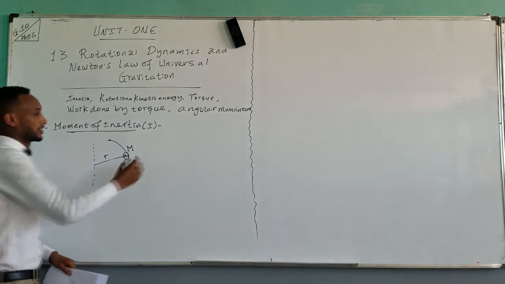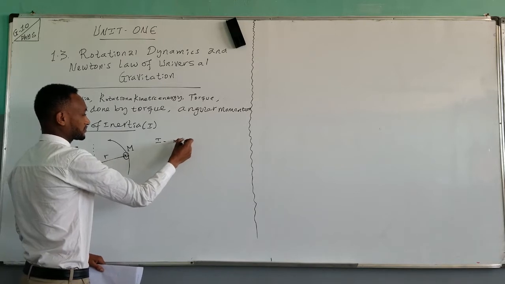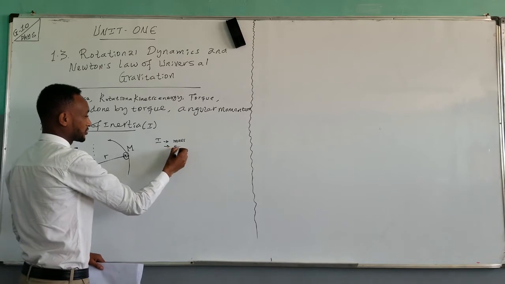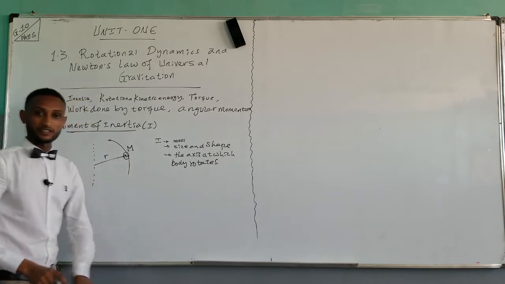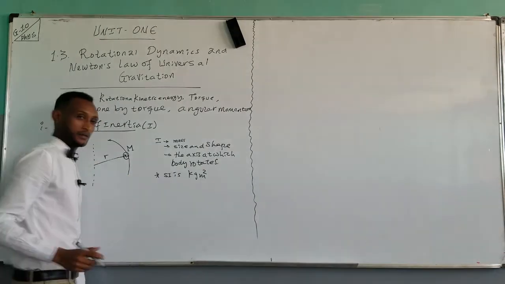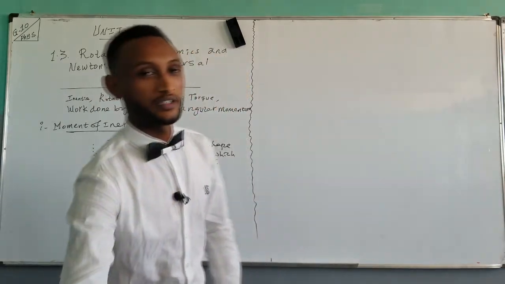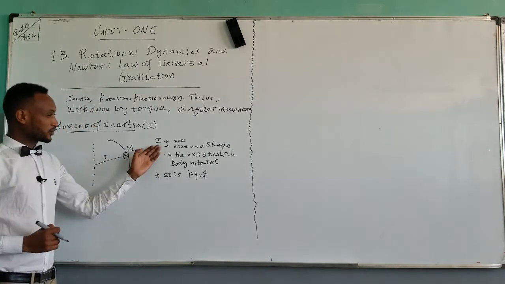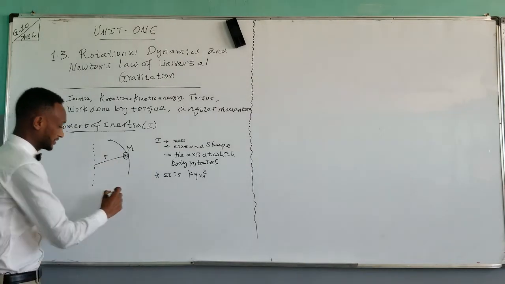The moment of inertia depends on the mass of the bodies, on the shape and size of the bodies, and on the axis about which the object is rotated.